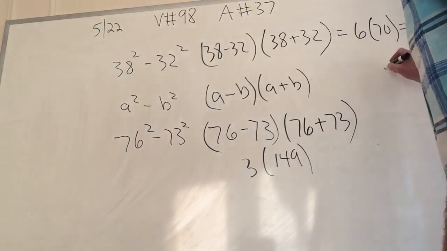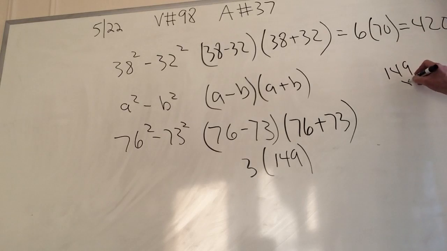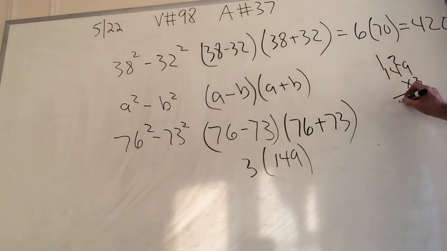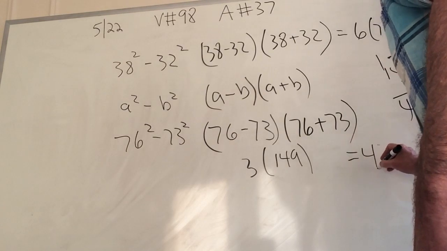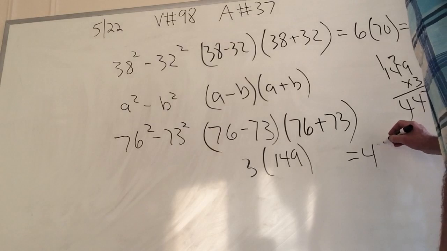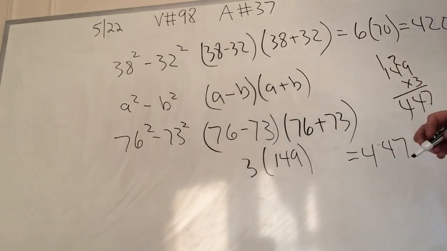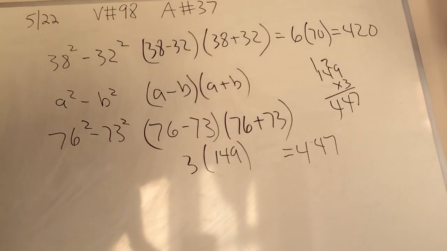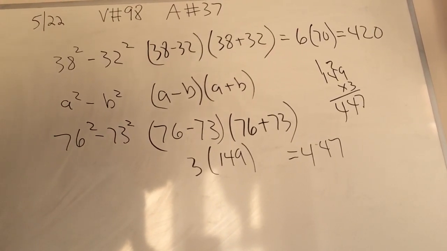And so then I'd multiply 149 times 3. Maybe we should have done that beforehand, right? And then we come up with 447, but if there's a mistake there, you'll forgive me. The idea should be super clear.